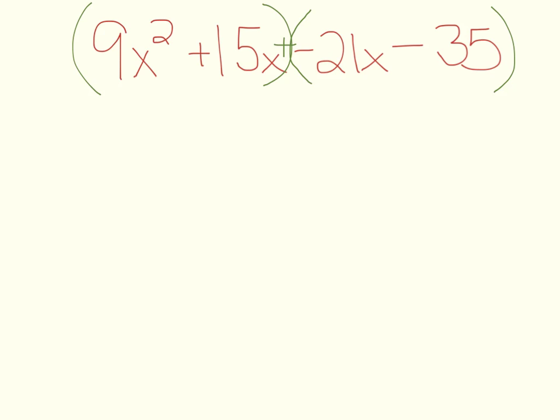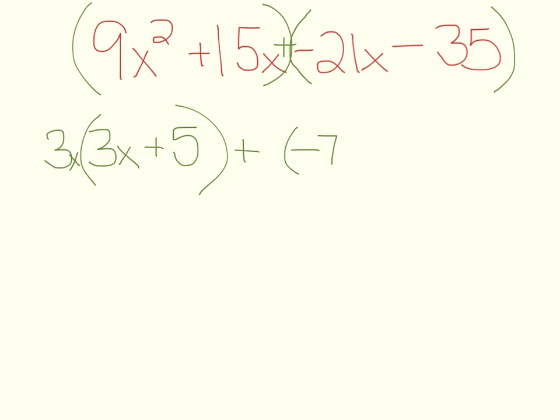So from here, I'm now going to factor out the greatest common factor from each group. For my first group, my greatest common factor would be 3x, I'm sorry. So this would become 3x plus 5 plus, and over here I can factor out a negative 7.